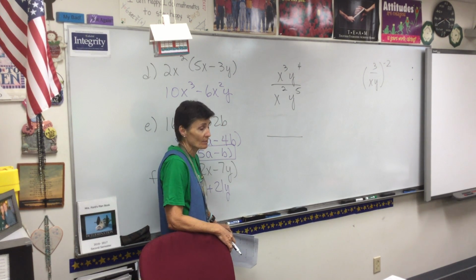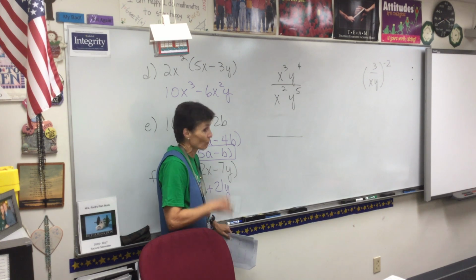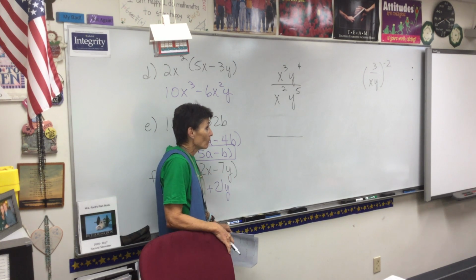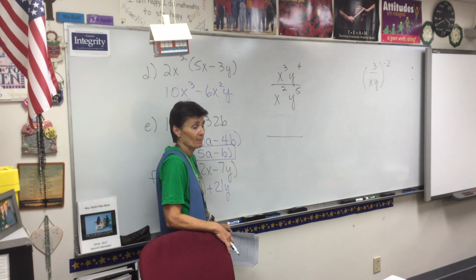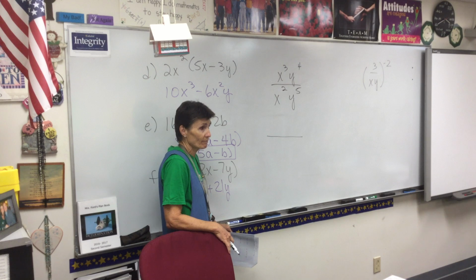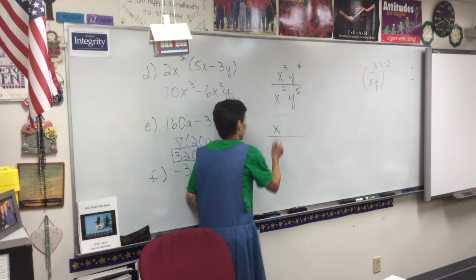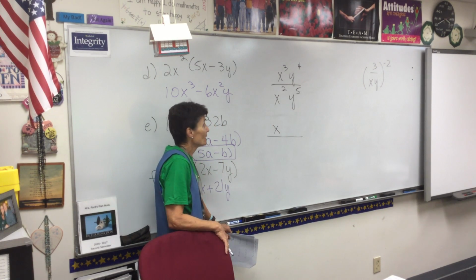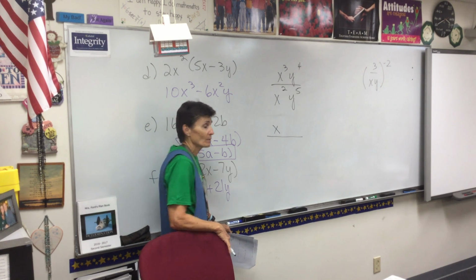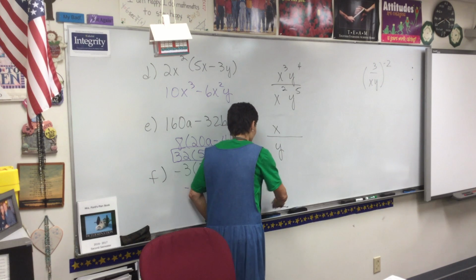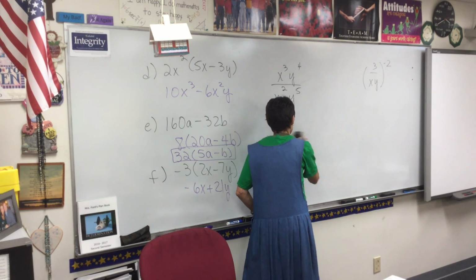Whenever you have x's on the top and x's on the bottom, something you're going to cancel. Now, who has more x's, the top or the bottom? The top. How many more does he have? So you got an x to the first on the top. Who has more y's? How many more? So you got one y left on the bottom, and there's your answer.